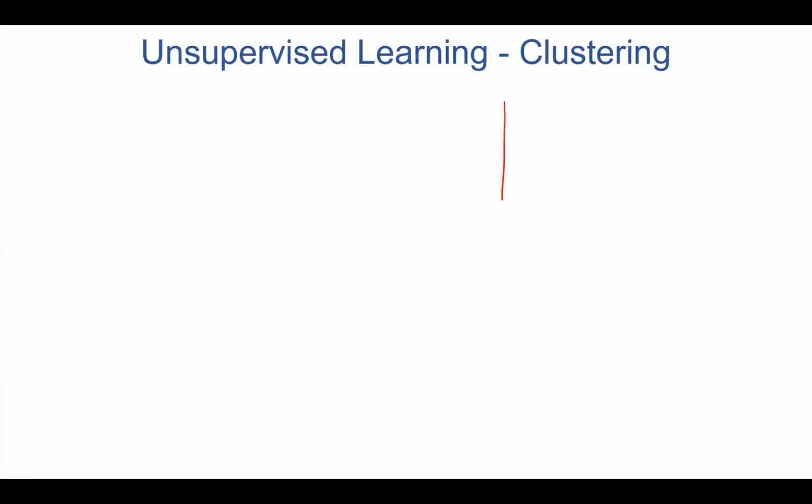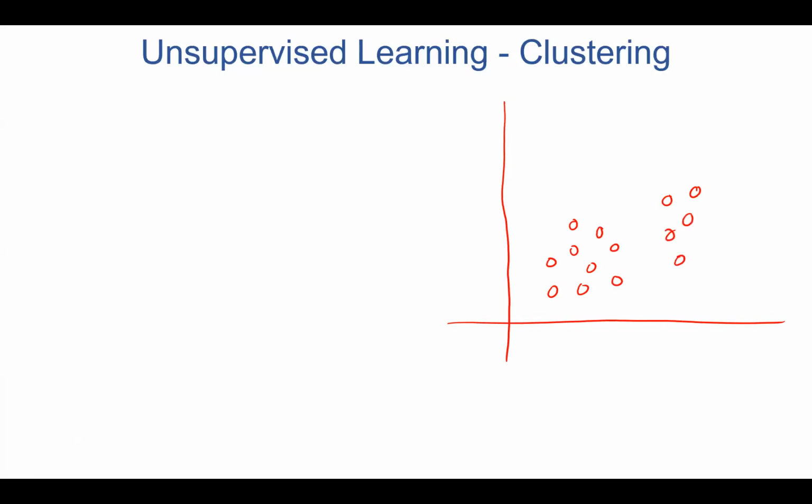Suppose that you have data points like this. The reason I drew all of them in red is that right now we don't know any information about the classification of the data points. Suppose that we again have x1 and x2.